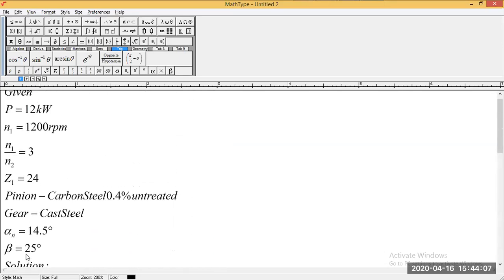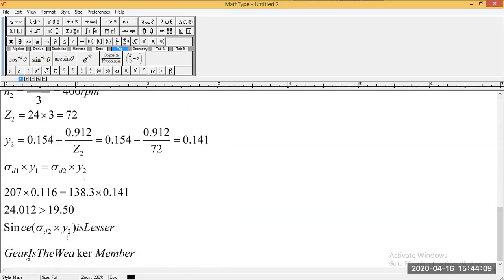Check. Right. So if all values what we have taken is correct, then gear is the weaker member, since we got the value for pinion more than that of the gear. Gear is the weaker member.